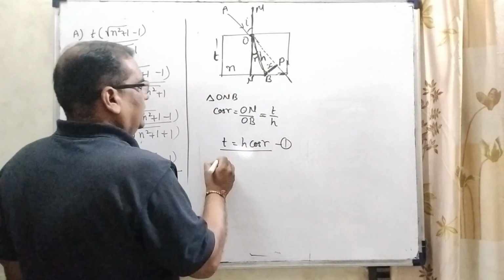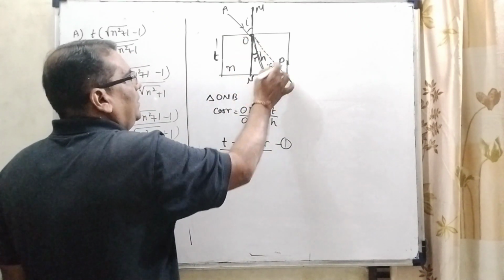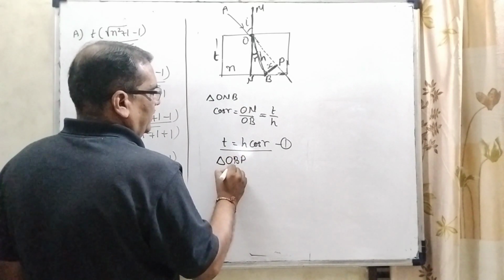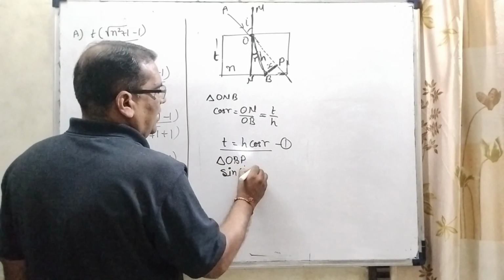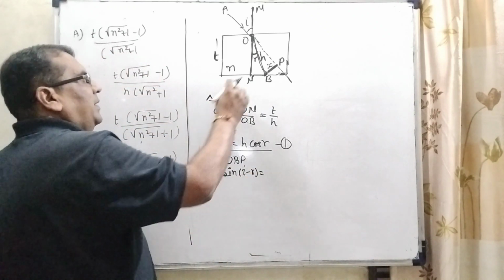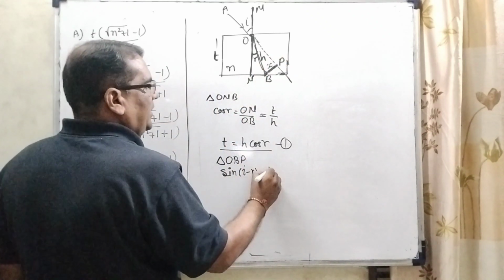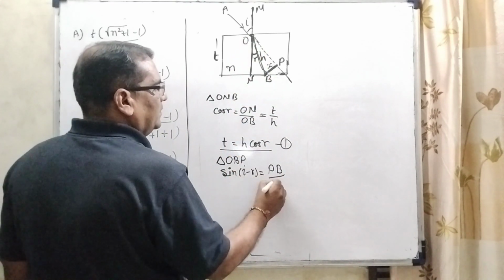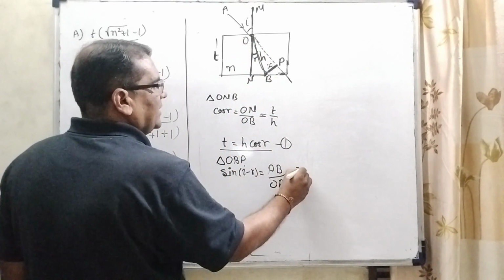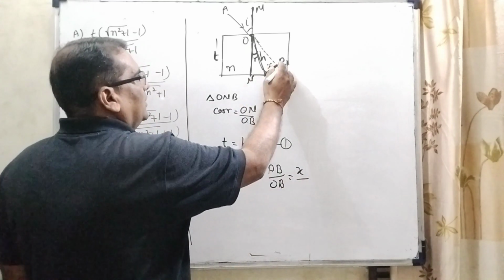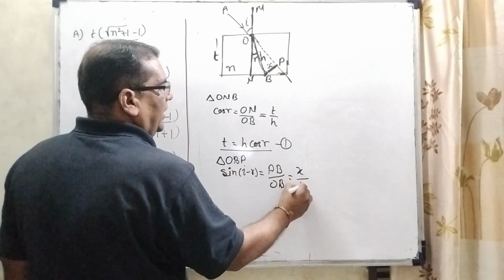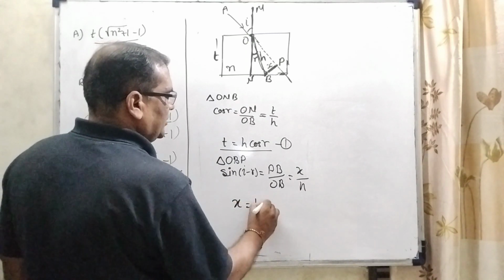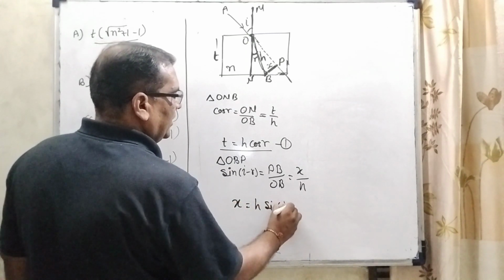Now we take the triangle OBP. Sine of i minus r is the perpendicular, that is PB, over the hypotenuse OB. Here PB is x, and OB is h. So x can be written as h sine of i minus r.